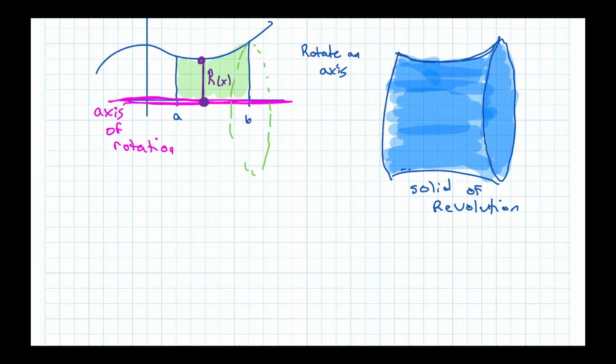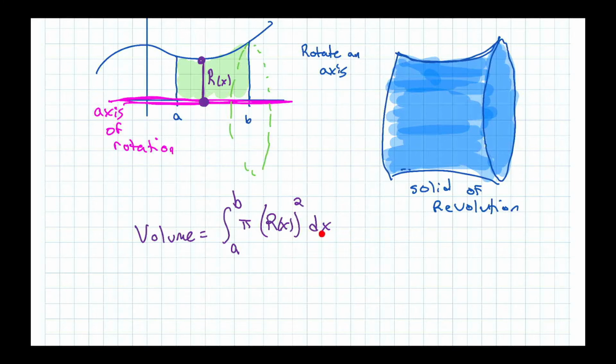And then the volume of the solid, right? This guy, is the integral from a to b, just a to b, because that's our region, of pi r of x, parentheses, squared, dx. And that came from the fact that pi r squared is the area of a circle, because this is a circle on the side here.